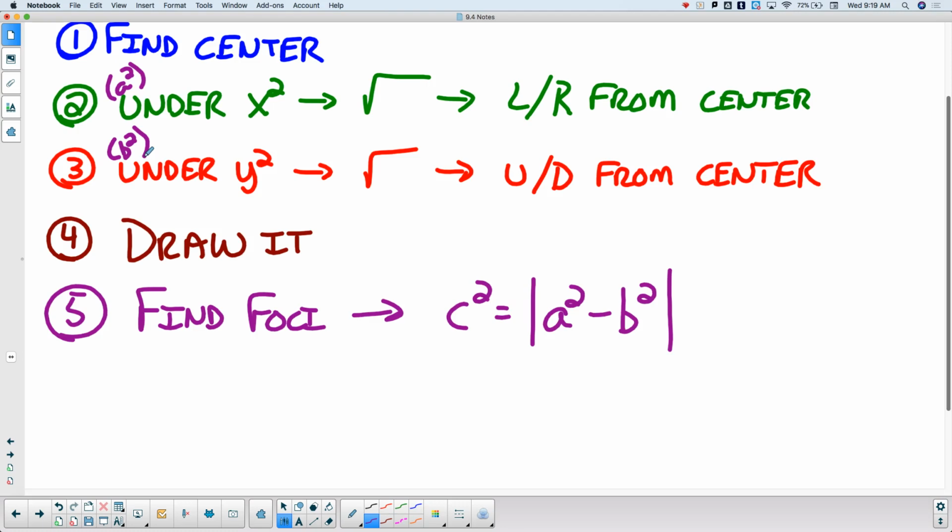What's c? The distance from the center to the focus. And where is the foci, or where are the foci located? Along the major axes.